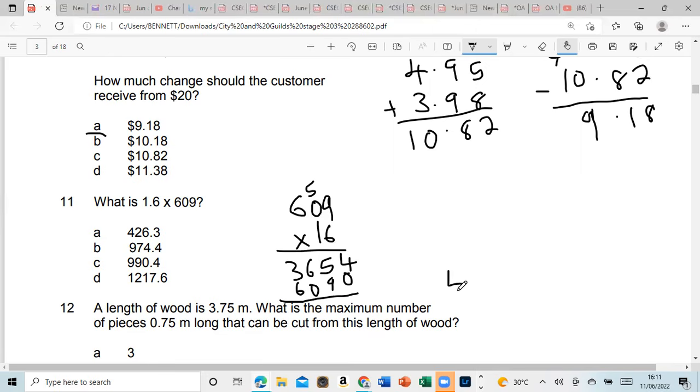So we're going to add now, 0 plus 4, that's 4. 9 plus 5, that's 14. 6 and 1, 7. 3 and 6, 9. So that was one decimal point. So right here. Alright, so it's 974.4. So that would be B.